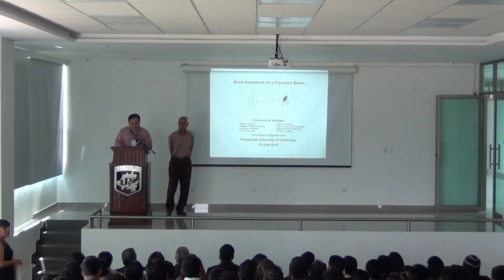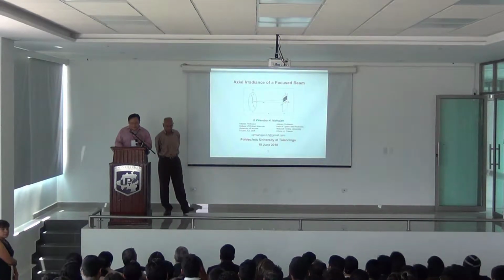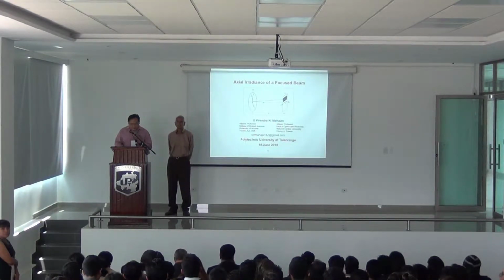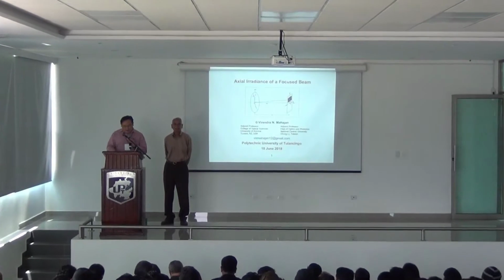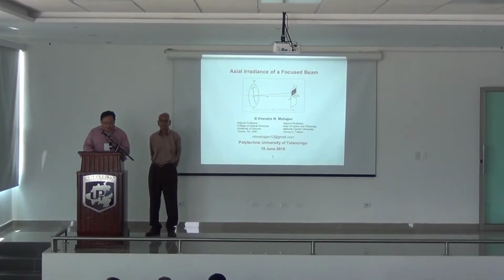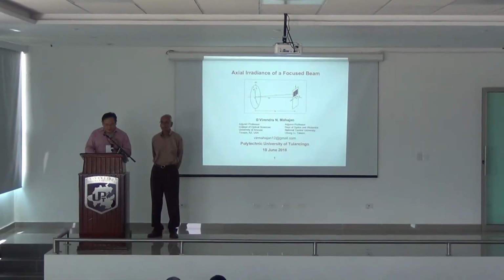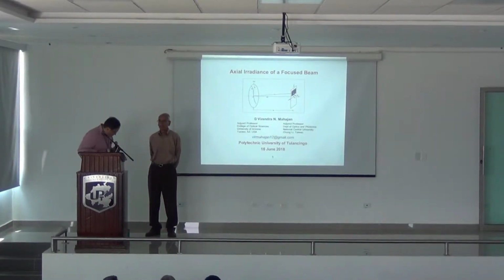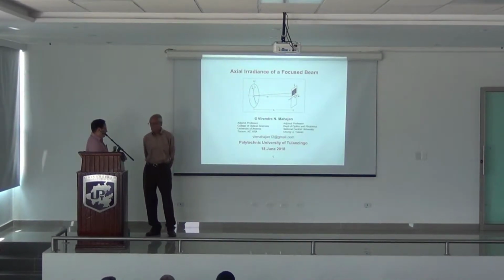He has the Educator Award in 2015 from SPIE, an Applied Optics Laboratory named after Dr. Mahajan in 2008, and the A. E. Conrady Award in 2006, also from SPIE. Please welcome Dr. Virendra Mahajan.